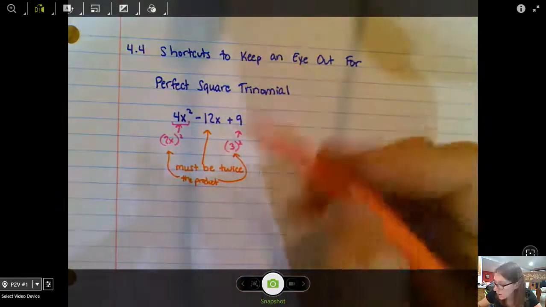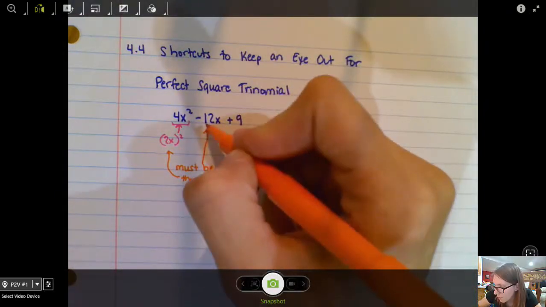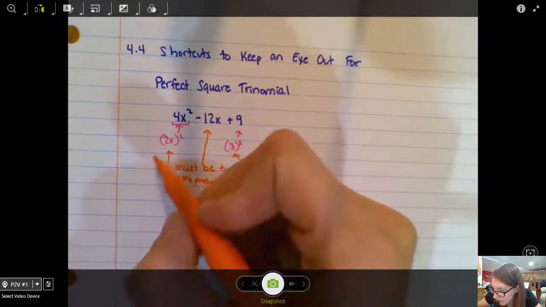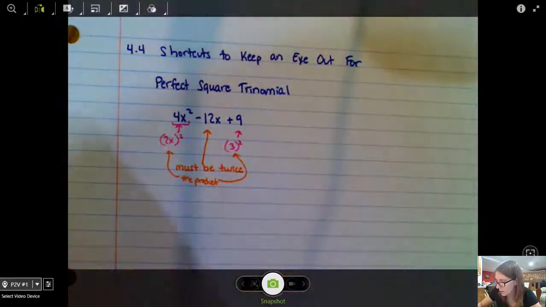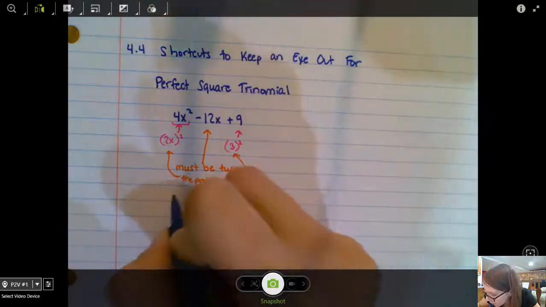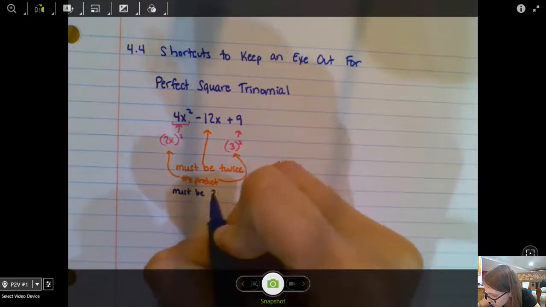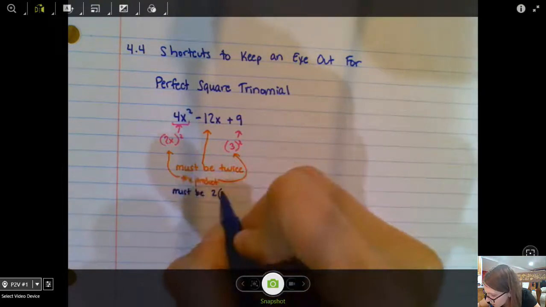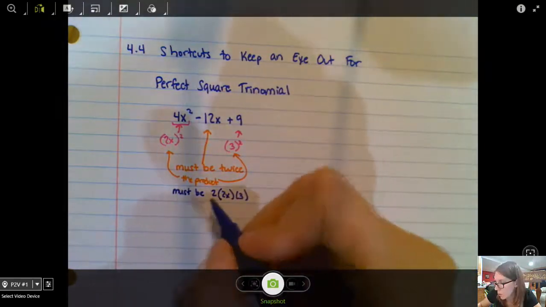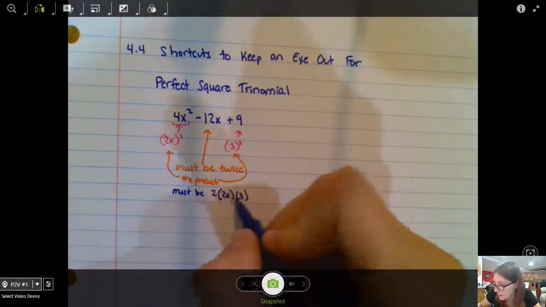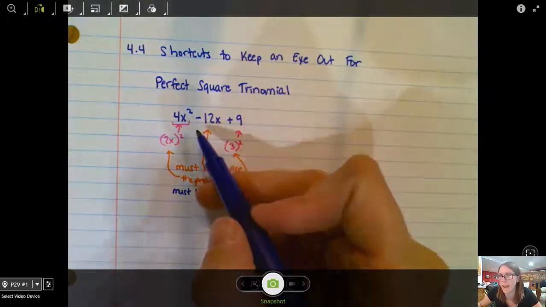So this middle, my negative 12x, must be twice the product of 2x and 3. In this case, it must be 2 times 2x times 3. Well, 2 times 2x is 4x, times 3 is 12x. Oh, shoot, we need this to be negative 12x.